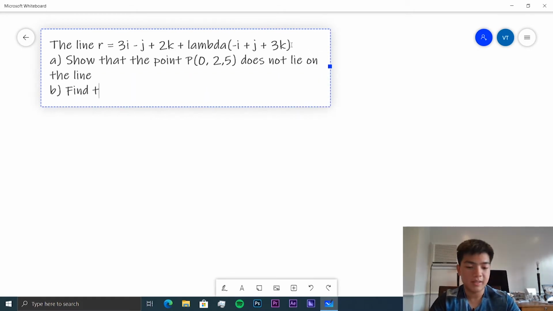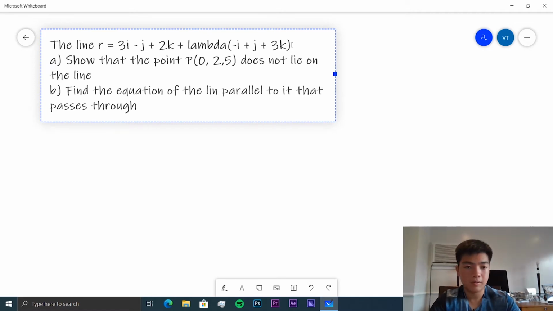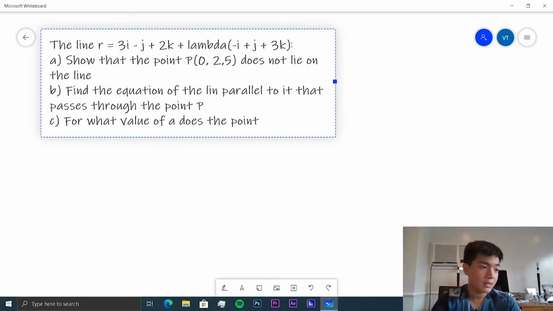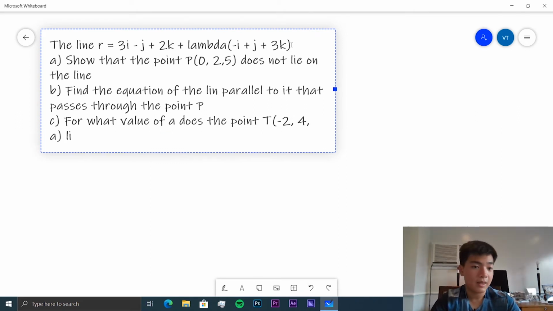B, find the equation of the line parallel to it that passes through the point P. C, for what value of a does the point T (-2, 4, a) lie on the line.